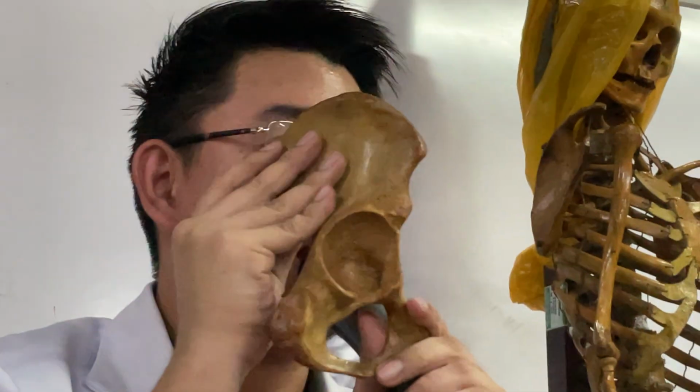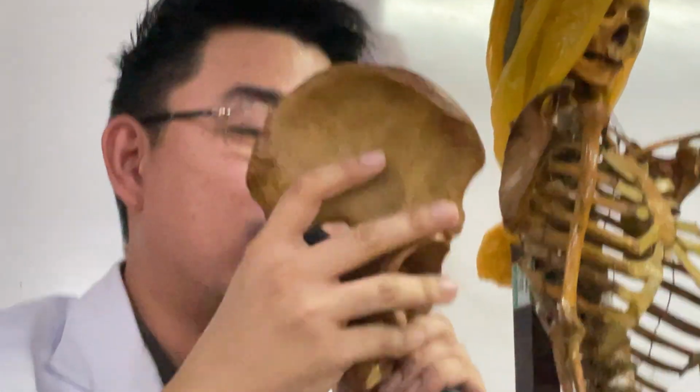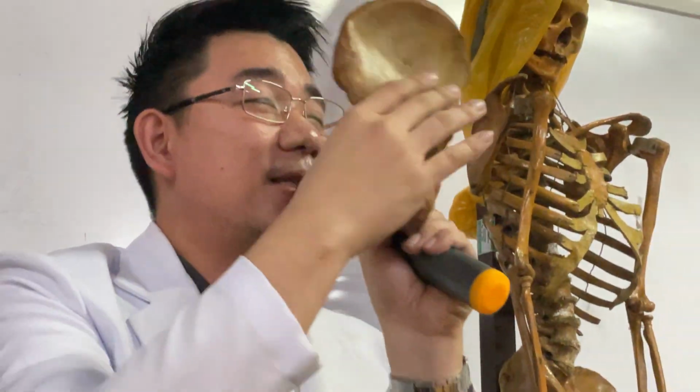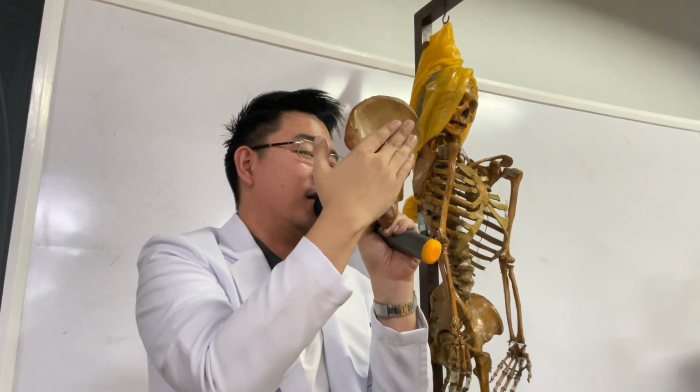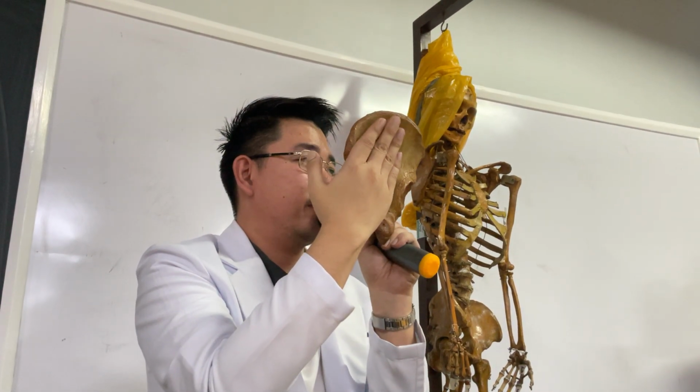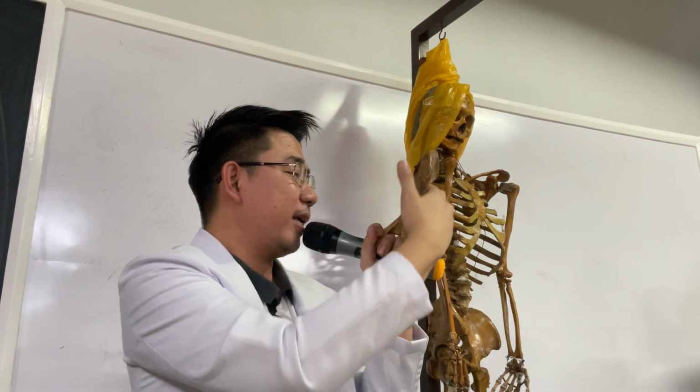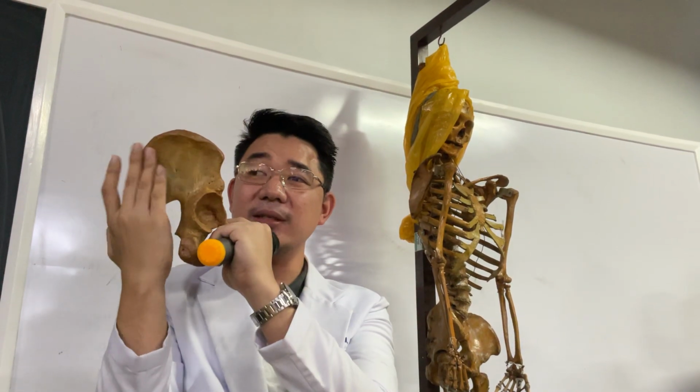And so, if the sacrum has an ala, the pelvis also has one. So this one now is the wing of the sacrum. You see it?